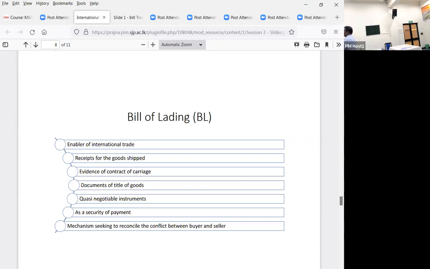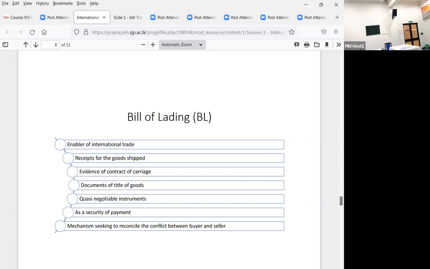But technically speaking, for me, the on-board date and the BL date are nowadays the same because of the electronic transmission. But it can be a varied date also, right? Because nowadays these are window berthing. So when you have a window berthing, within 3 hours everything is loaded. So your BL date and the on-board dates are the same.